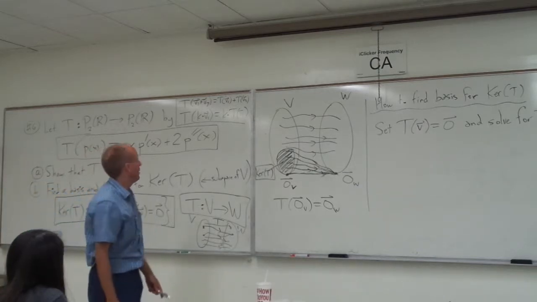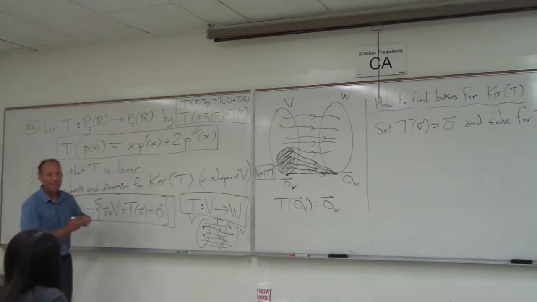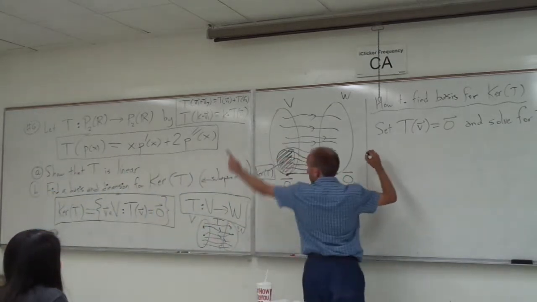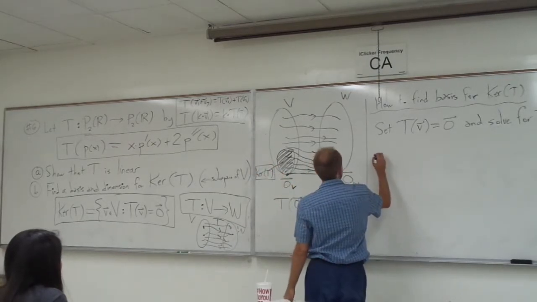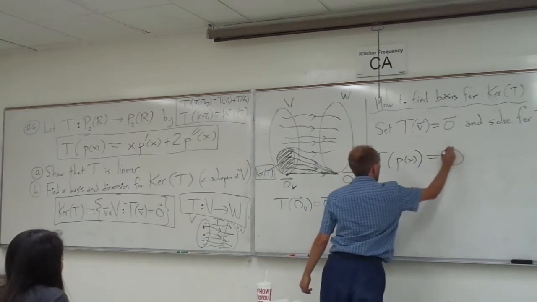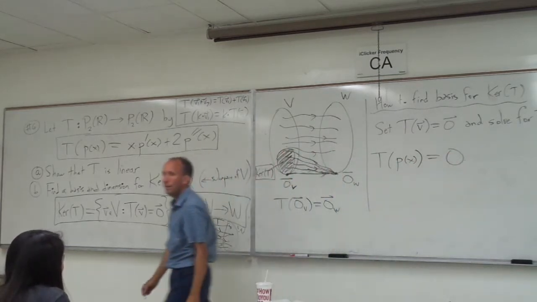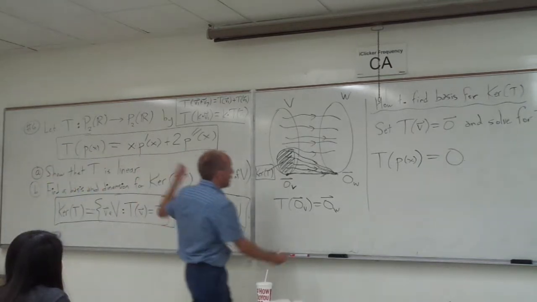So let's try it on this example. Now here's the problem. If I do it on this example, problem 6, then what I'm doing is I'm going to set T of p of x equal to 0. And if I do that, well, then what am I really saying?